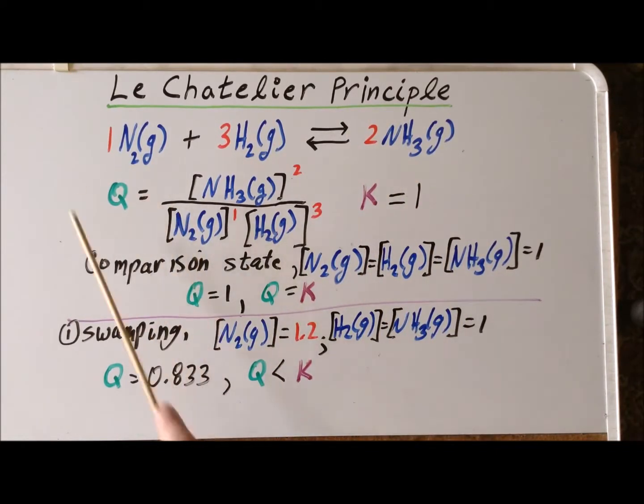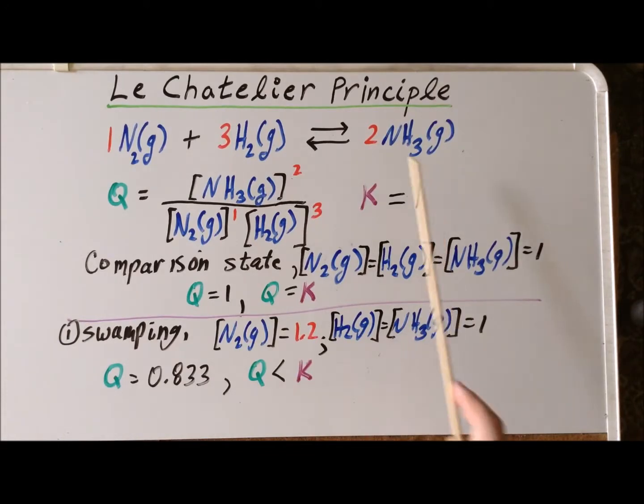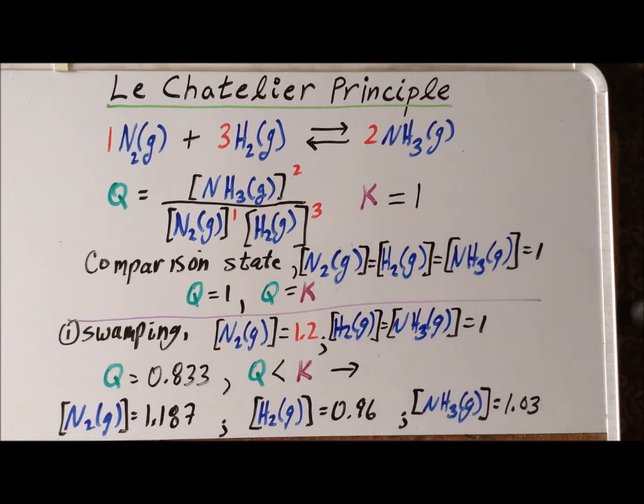And that way, the fraction Q gets larger and eventually will approach and equal the equilibrium constant, which in our case we can recognize because we've set it to be equal to 1. So we know by Le Chatelier's Principle, the system is not at equilibrium, the system will move to the right.